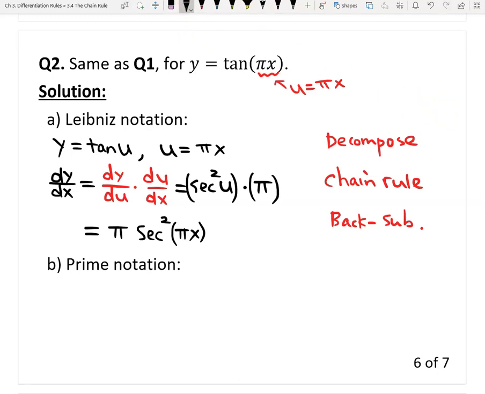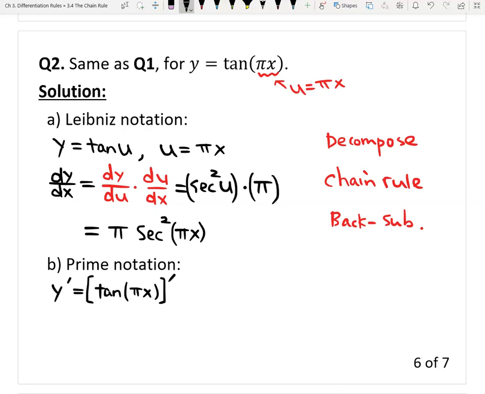But how to organize this? Prime notation is Lagrange notation, so all we need is y prime. Y is tangent of pi x. I'll put this bracket and take a derivative.